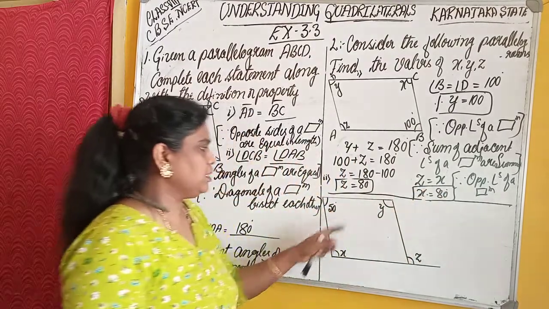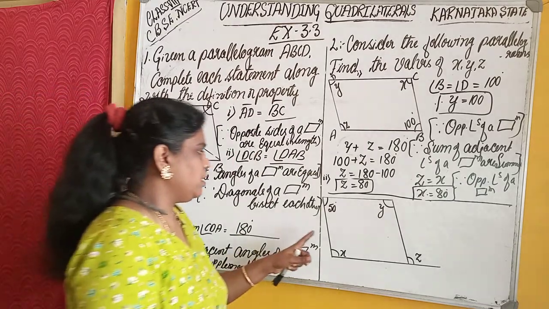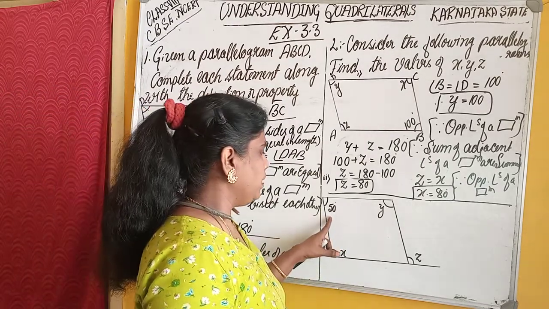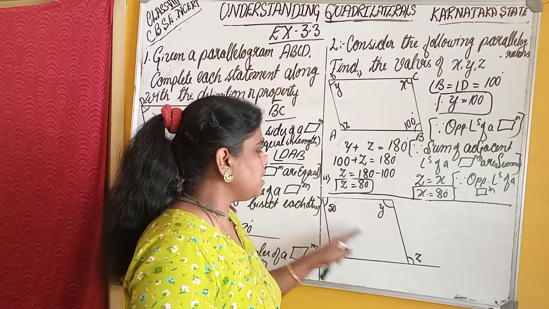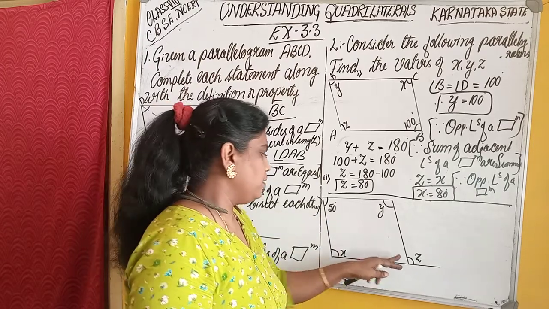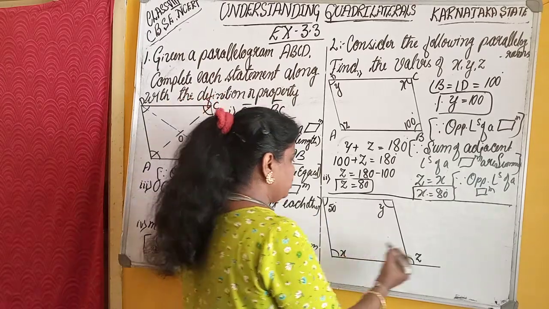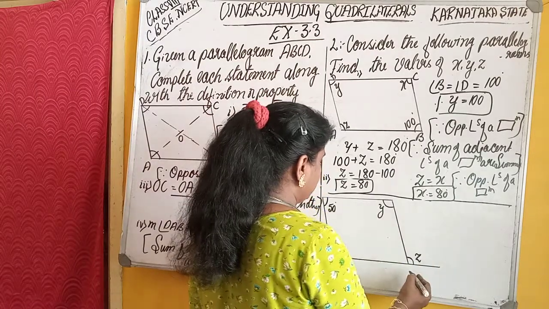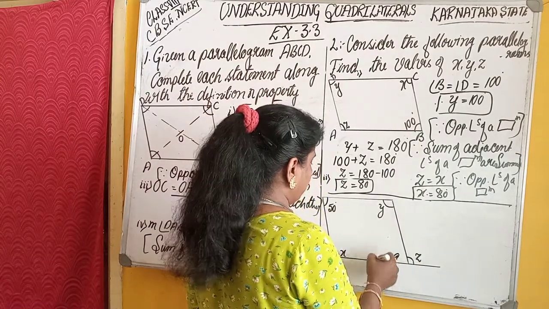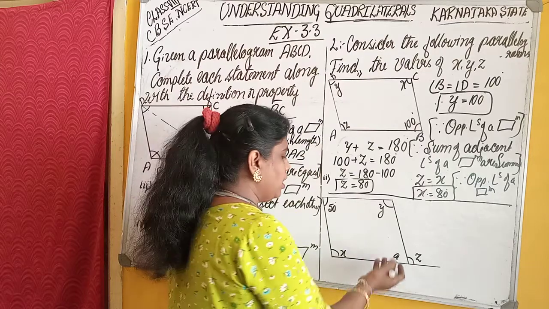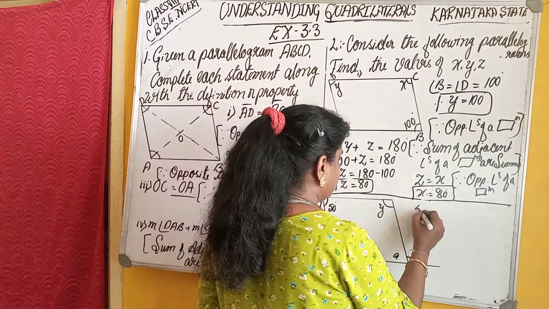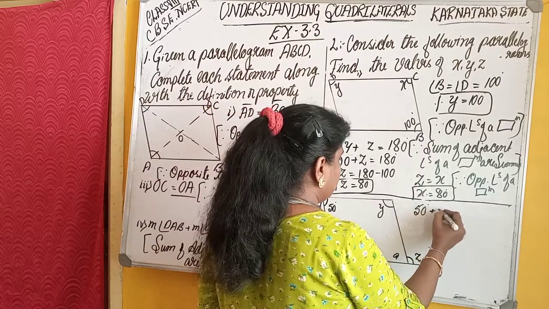Now, the next problem. In that, only 50 degrees is given. With the help of this, first we have to calculate this angle. Take it as A. The angle is not mentioned. We can take 50 degrees plus A degrees.